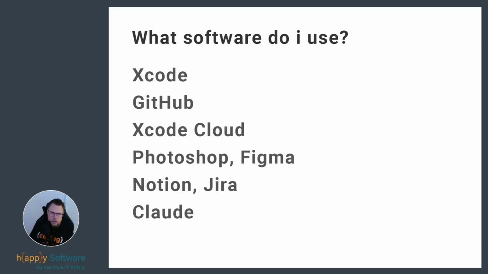When it comes to project management and stuff like that, I've been using Jira for quite some time. And that's where I have all the user stories and stuff related to the app I have in the App Store now, Prioritask. I've been starting to look into Notion instead, and I see several benefits with it.